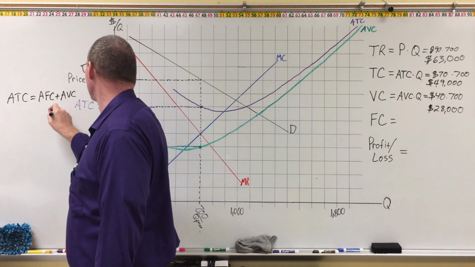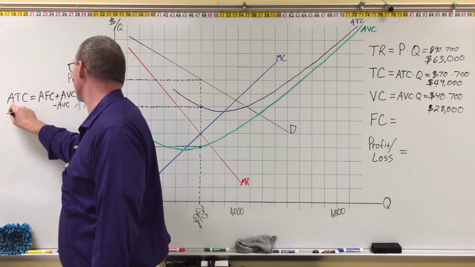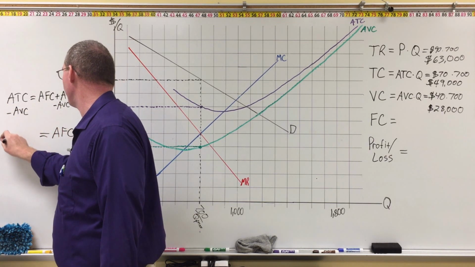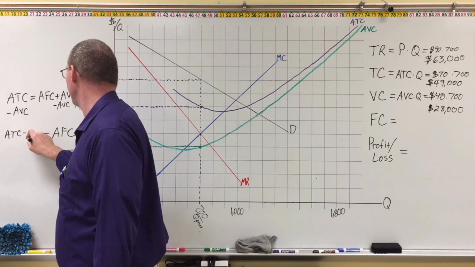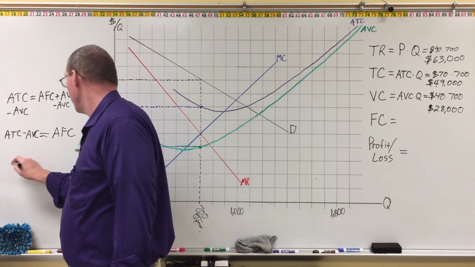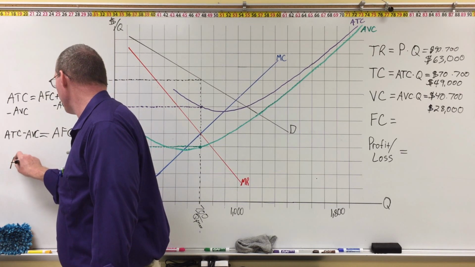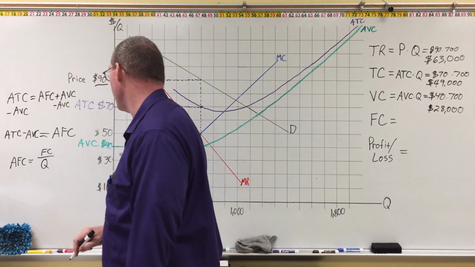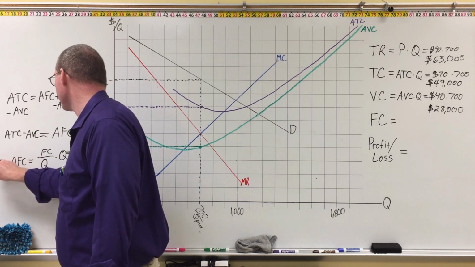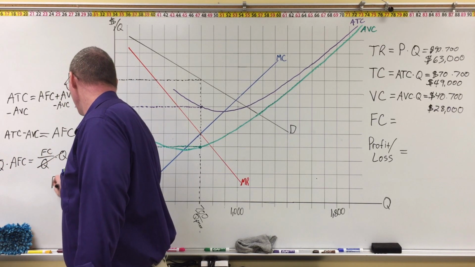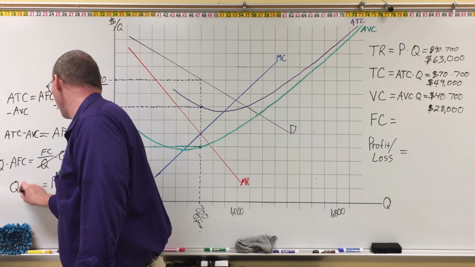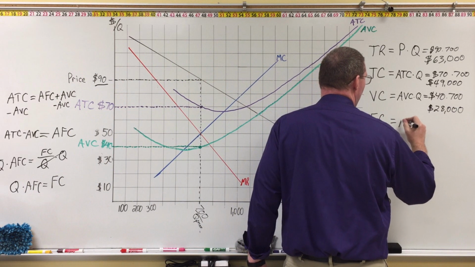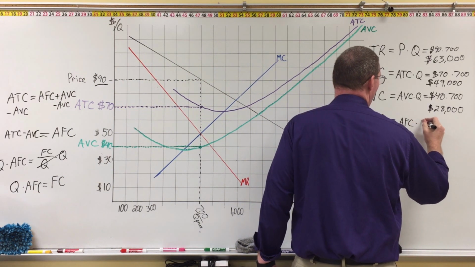And so all we have to do is subtract average variable cost from both sides algebraically, and we get that average fixed cost is equal to average total cost minus average variable cost. Furthermore, we know that average fixed cost is equal to fixed costs divided by quantity, right? So if we multiply both sides by quantity, we get fixed costs is equal to quantity times average fixed cost. And so fixed cost is equal to average fixed cost times quantity.